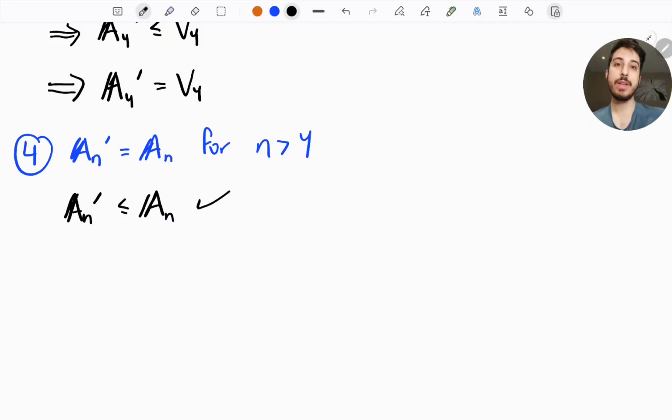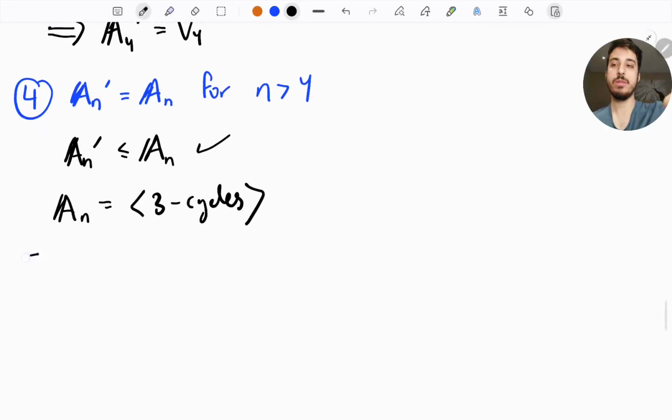Now we want to prove that A_n is contained inside the commutator A_n prime. We know that A_n is generated by 3-cycles. So we want to just show that a 3-cycle can be written as the commutator of a product of some 3-cycles. And this is exactly what we'll do.